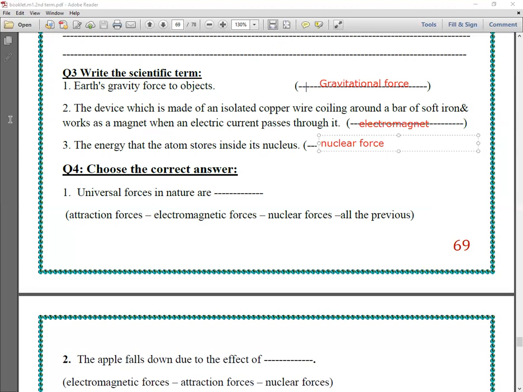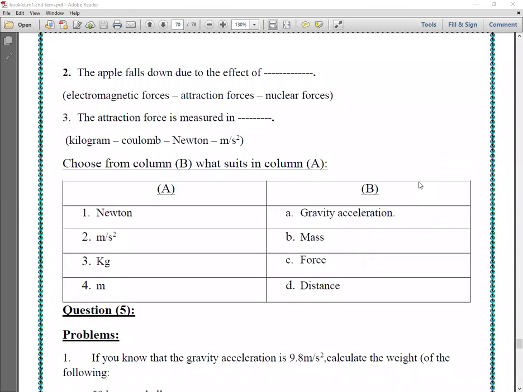Choose the correct answer. Question 4. Number 1. Universal forces in nature are what? Attraction forces, or electromagnetic forces, or nuclear forces, or all the previous? The answer is all the previous. Number 2.